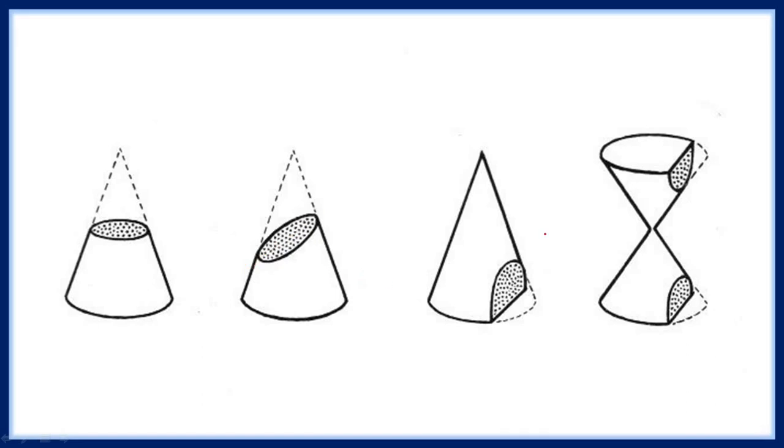And then kapag kinat natin na tumama tayo dun sa base ng ating cone, nakabuo tayo ng parabola, and given two cones, nagcut tayo ng perpendicular dun sa base natin, we have our hyperbola. Those are the four conic sections that will be tackled in our subject pre-calculus.